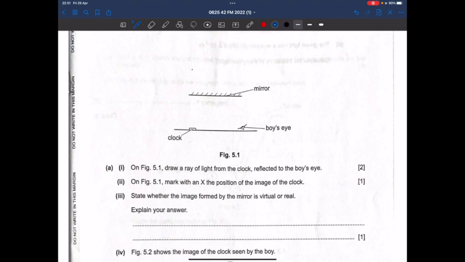It could be exactly at the same distance. I just measure it. So the clock image will be over the mirror here. And the line connecting the clock and the clock image should be a straight line, and this line makes a right angle with the mirror. And in this case, you need to just extend the ray to the eye.